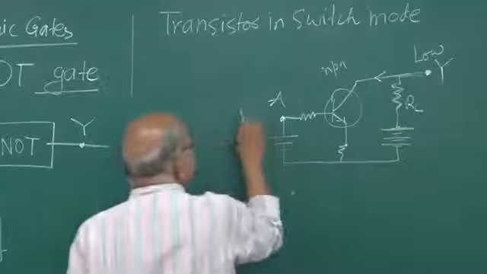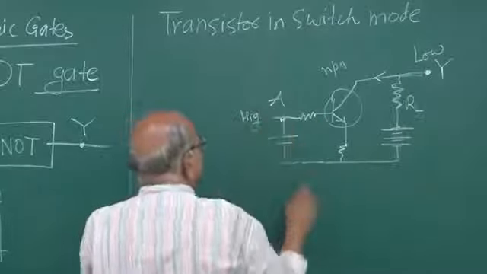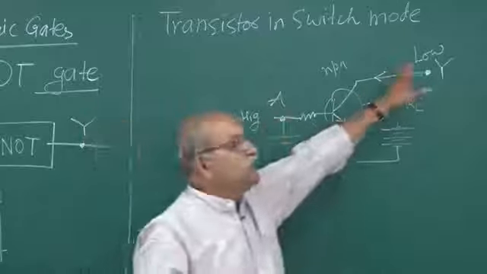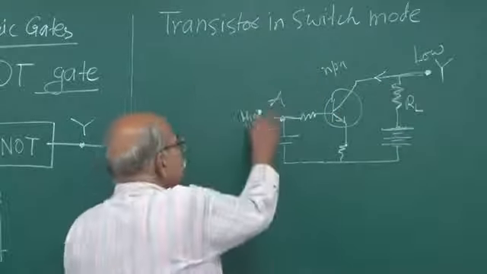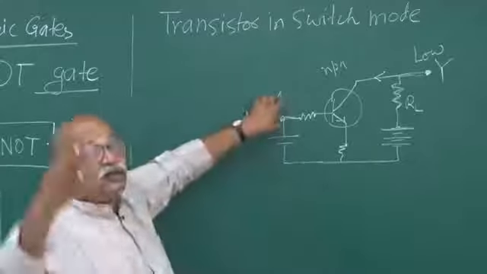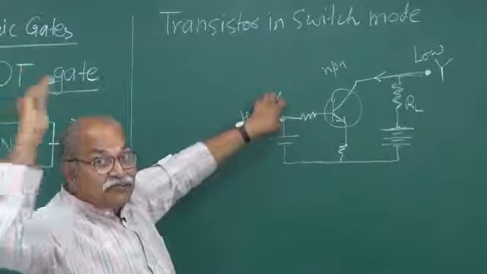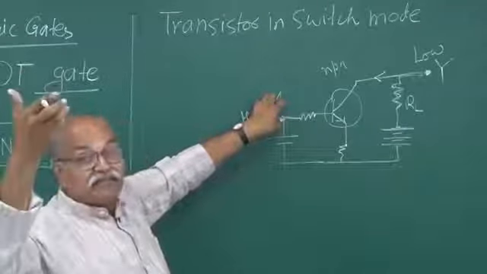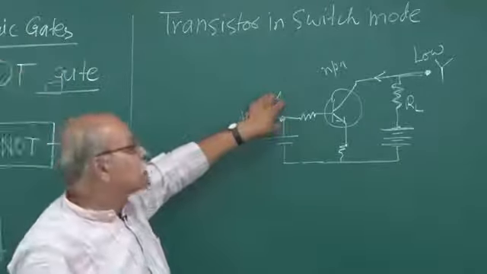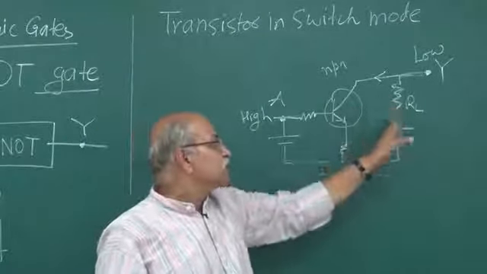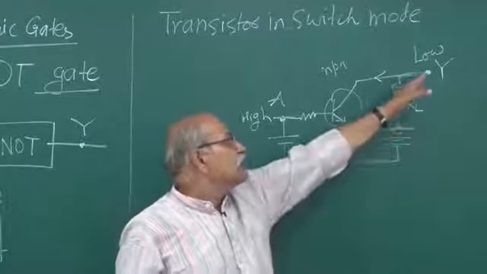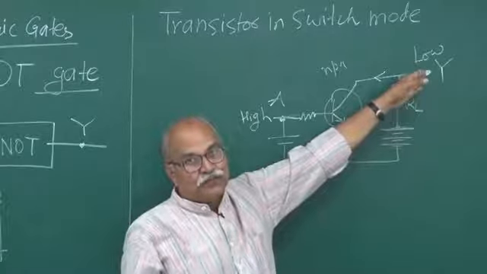So if A is high, Y is low. You apply a high voltage, which does not mean 1000 volts. High voltage in our case is just 3 volts, 4 volts, 5 volts, which drives this into saturation mode, so that there is a current from here, there is a potential drop, and this becomes quite low.